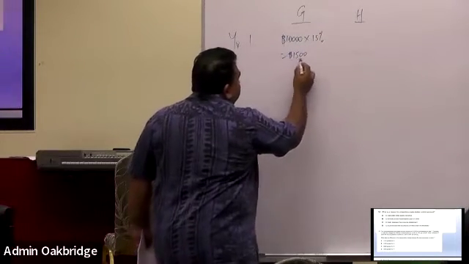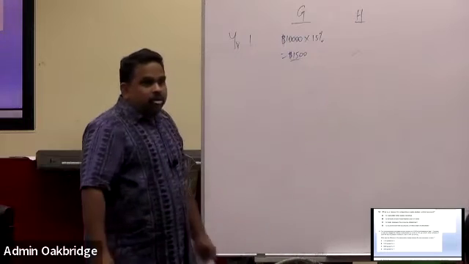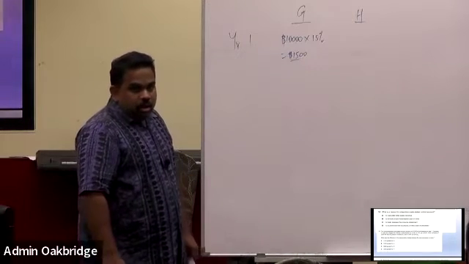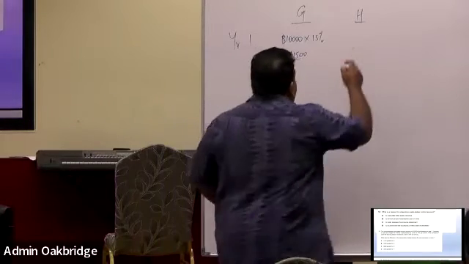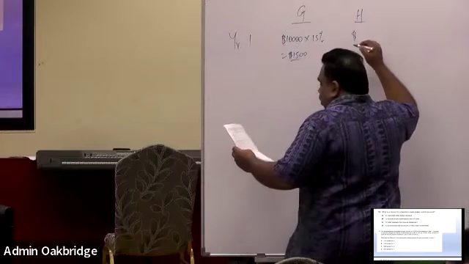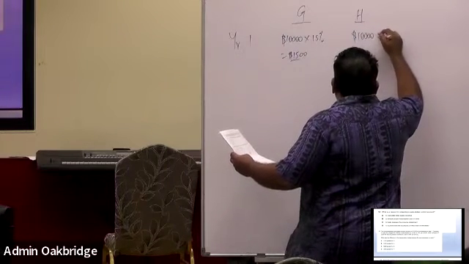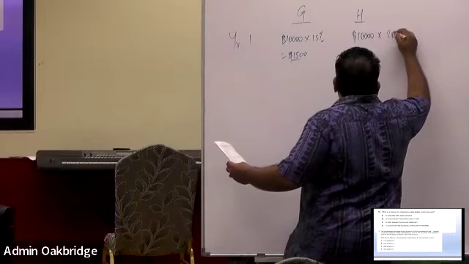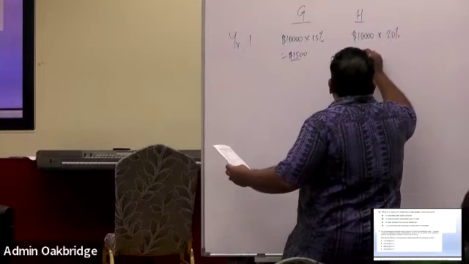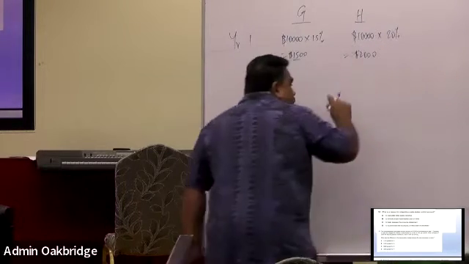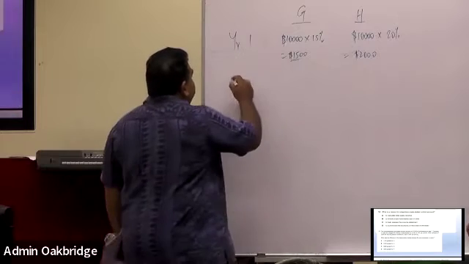This is your yearly depreciation, it's not your net book value. So H used reducing balance. How much is their machine? Also 10,000 times 20%, 2,000. Year one has no accumulated depreciation, correct?